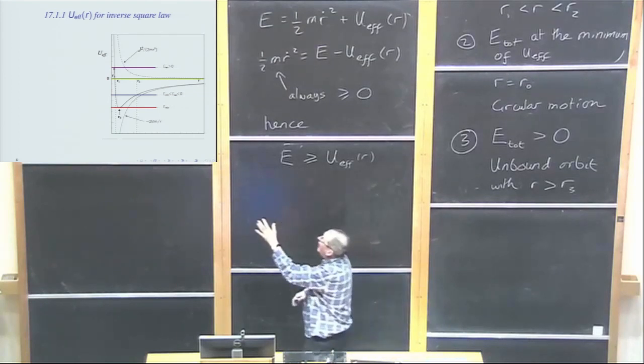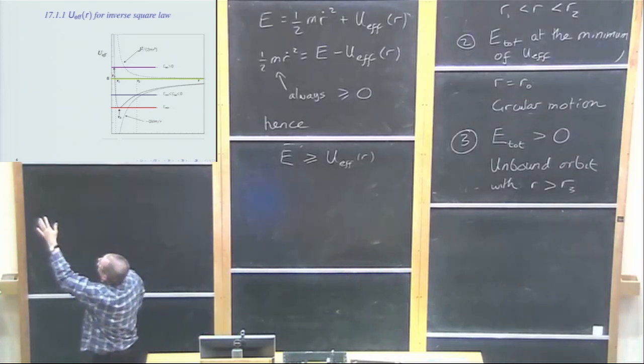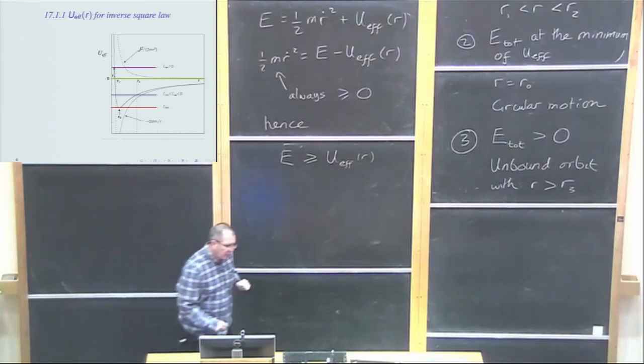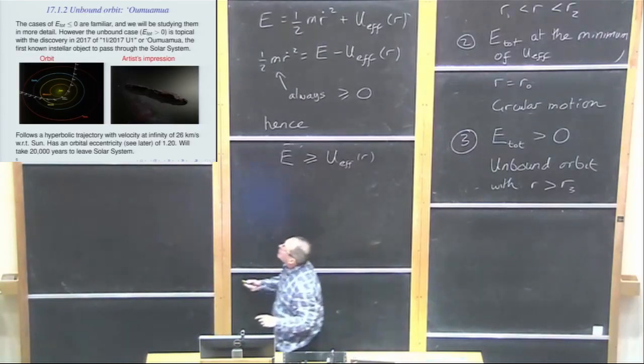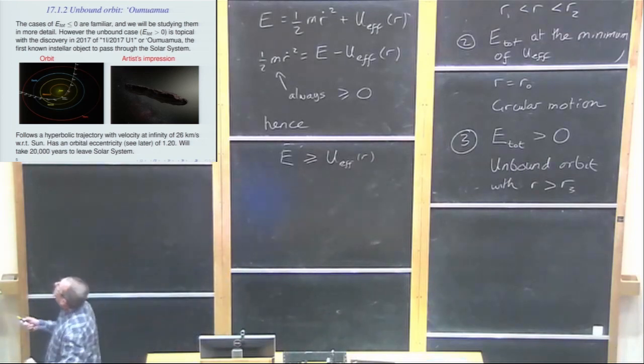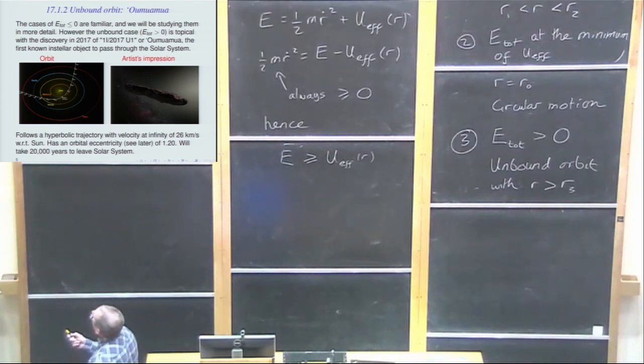Just to talk more about this third case where you have an unbound orbit, let me just remind you of something you might have spotted. This was 3 years ago now, where an object was detected flying through the solar system, coming close to the Sun, and from the trajectory of its travel, one could calculate that it was in an unbound orbit. That meant it had a total energy greater than 0.